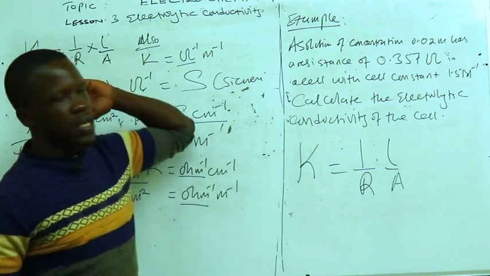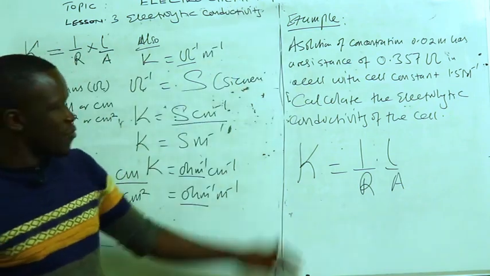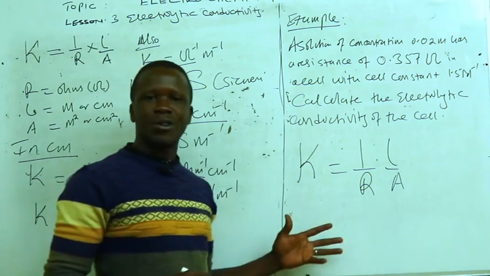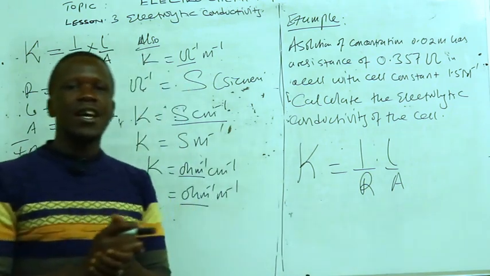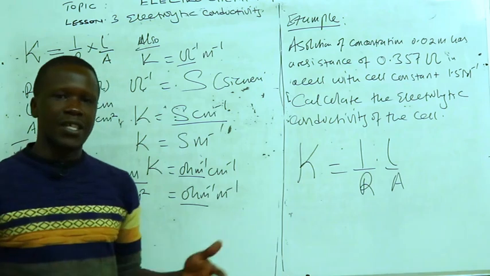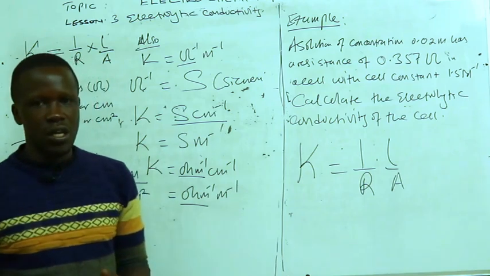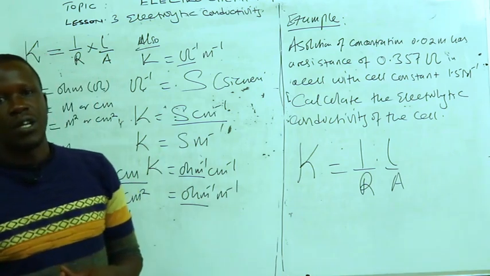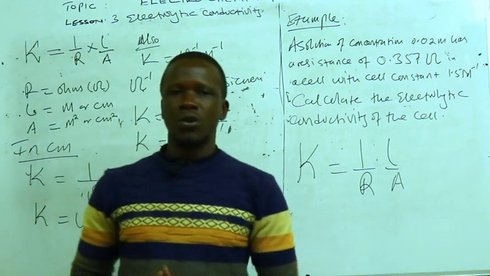So we shall, in the next lesson, start with the substitution here and then get the answer, and also look at other examples in the same line, and see how we can make calculations concerning electrolytic conductivity.